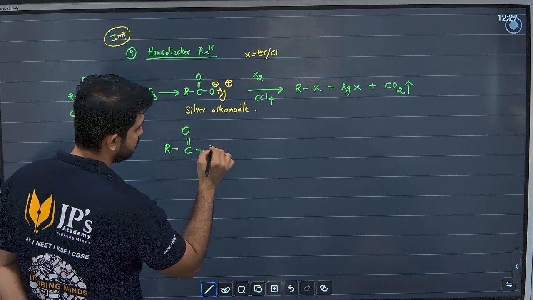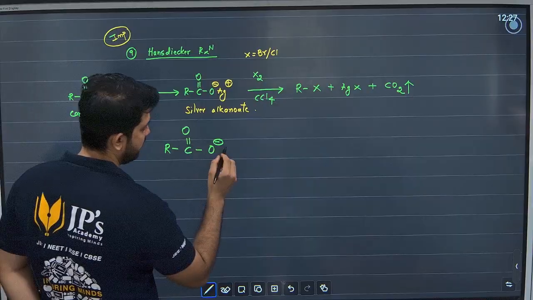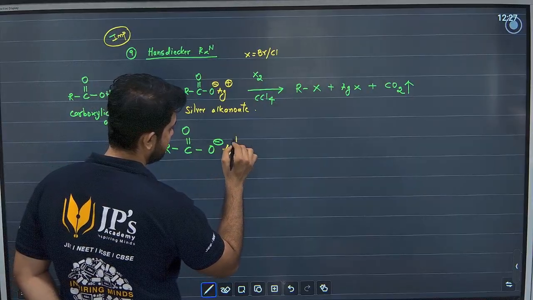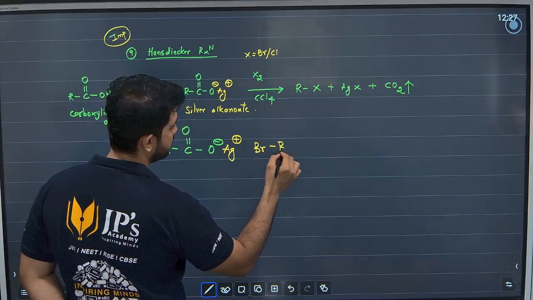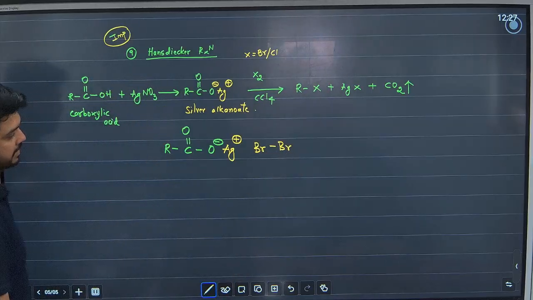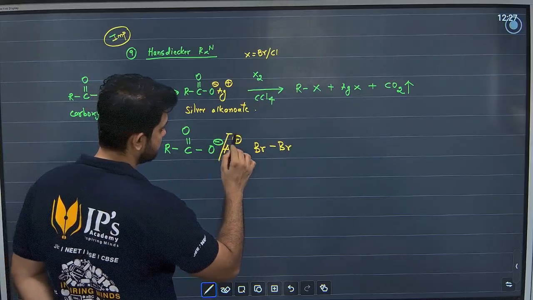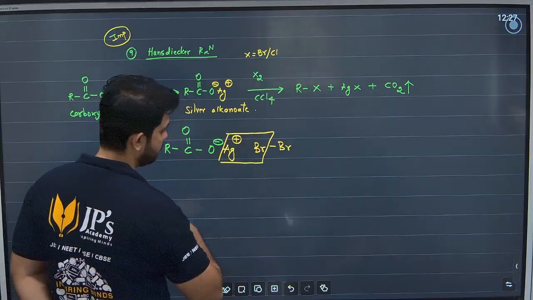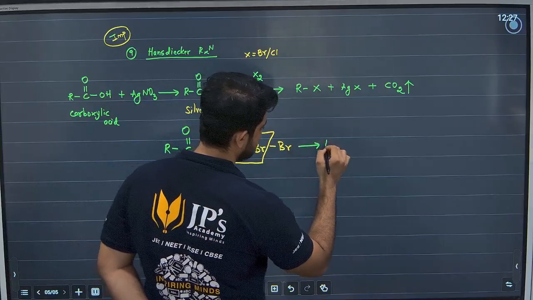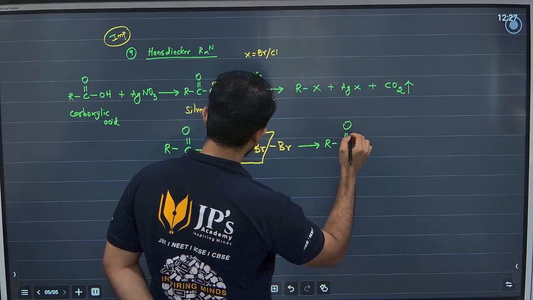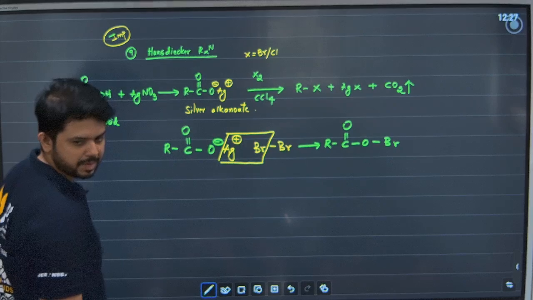RCOO⁻ Ag⁺ and here you have Br2. ठीक है. So Ag plus किसके साथ हम ले लेंगे people? तो we get something like this, RCOOBr plus AgBr.